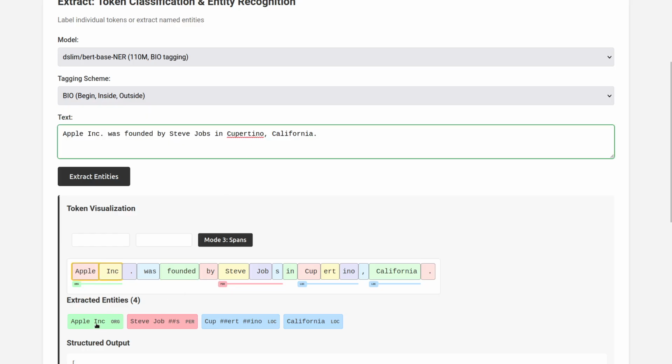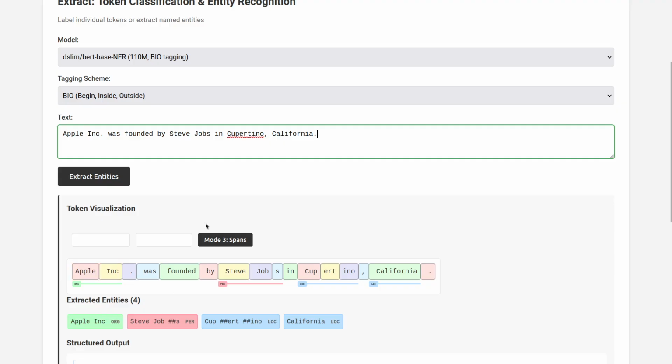And what you can see is that we have extracted 4 entities from the sentence, and they are not represented by a single token. So this is using something called biotagging, and the B is for begin, I is for inside, and O is for outside.